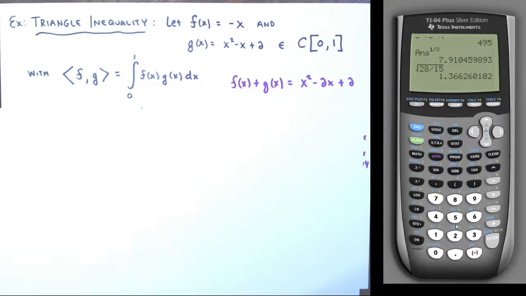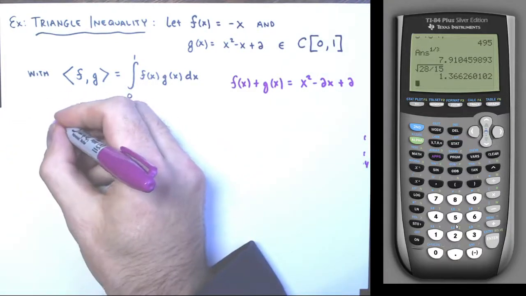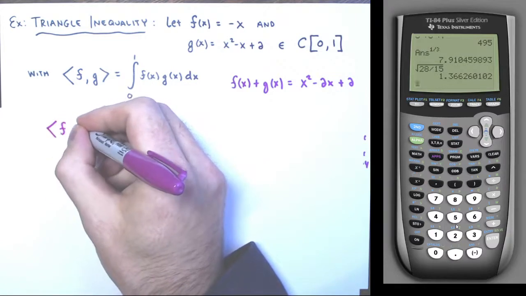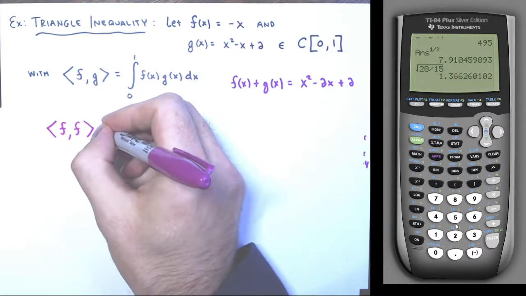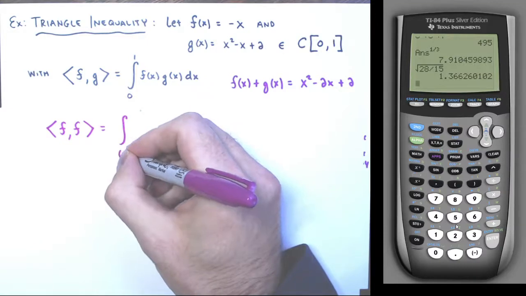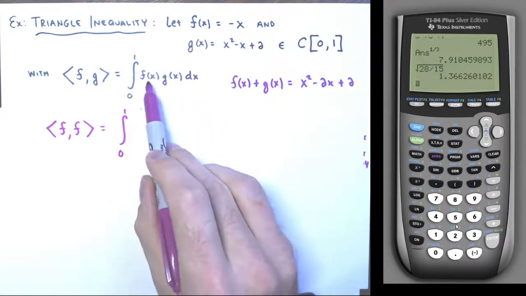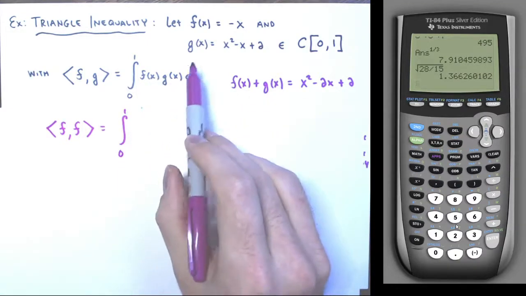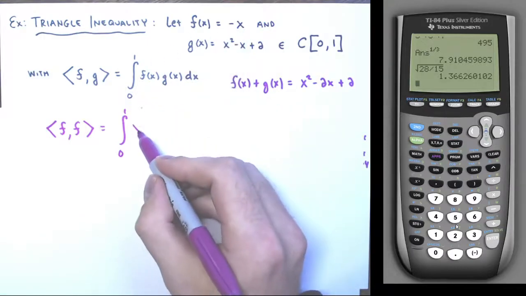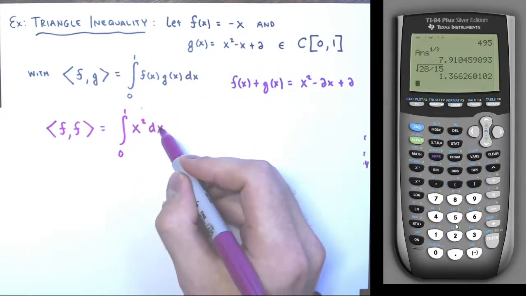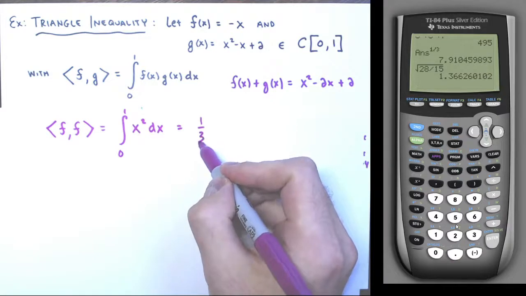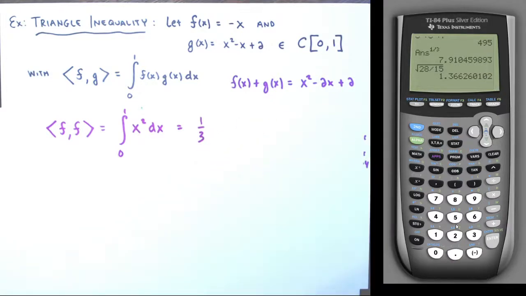So to find the norm of f, first I want to find the inner product of f with f, right, f with itself. That'd be the integral from 0 to 1 of f of x times f of x, right? So negative x times negative x is just x squared, and I hope you see that this is 1/3. That's just 1/3.